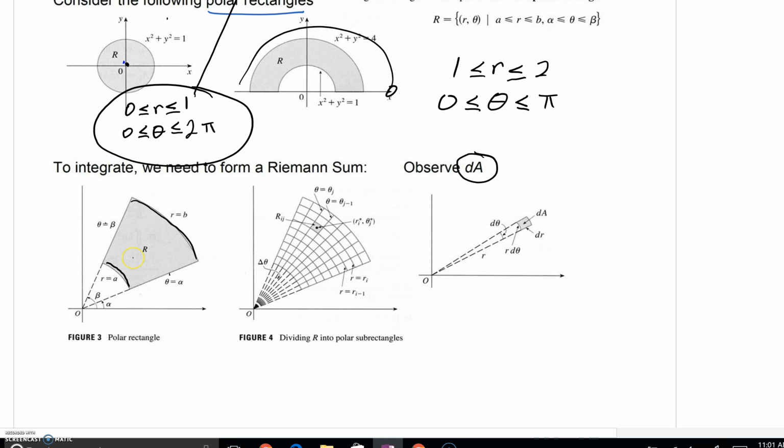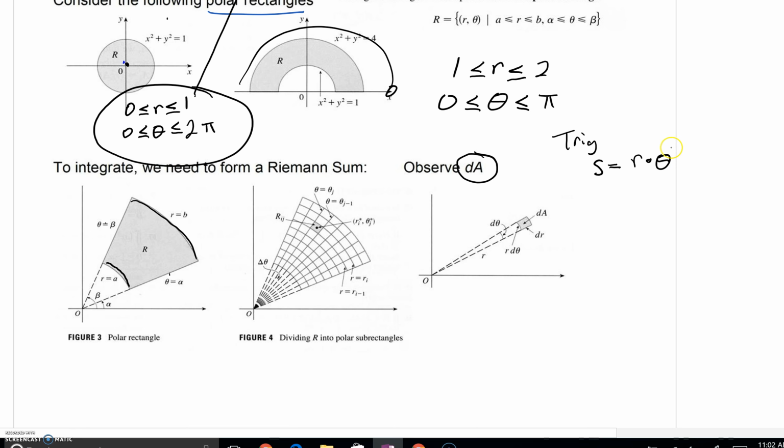We could divide this polar rectangle into subrectangles, much the way we had done before at the start of chapter 15. And we could pick a sample point to determine a height, so to speak, to make a little rectangular prism. But if we go back to our trig days, you might know that the arc length of a circle is r times theta.